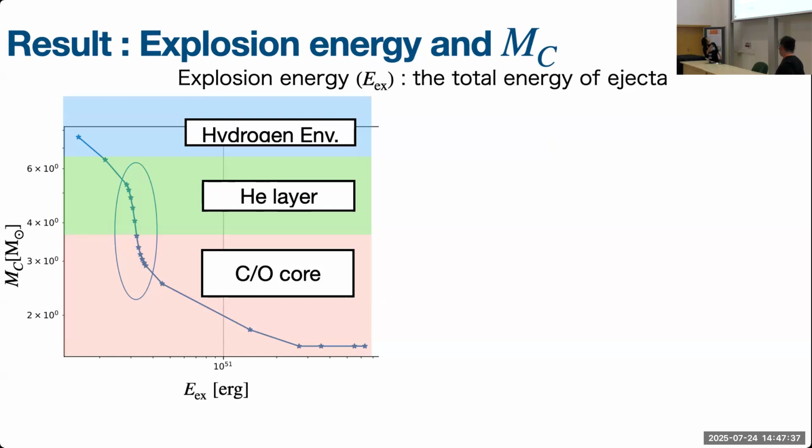When the injection energy is 8 times 10 to 50 erg, it corresponds to probably here, and probably the reverse shock contains the helium layer. So is it suitable for you?